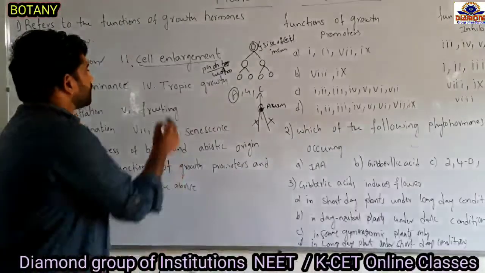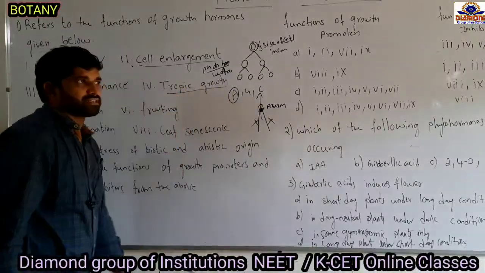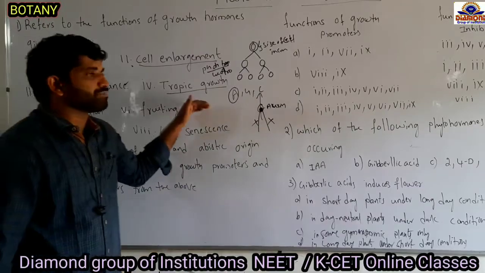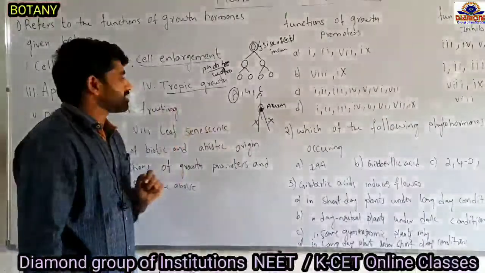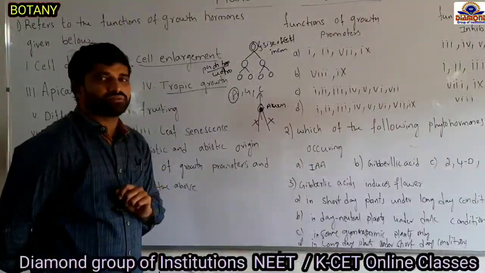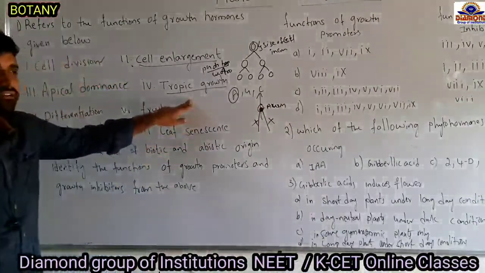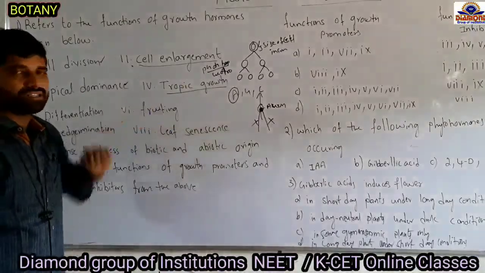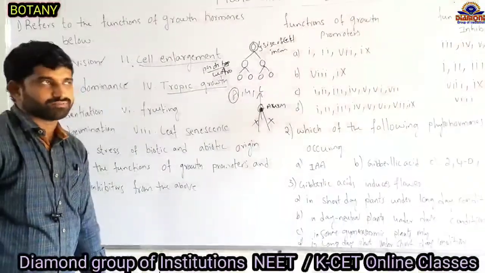Those are the movements of plants induced by different factors. That is called tropic movements or tropic growth. It is also a character of phytohormones such as auxins.